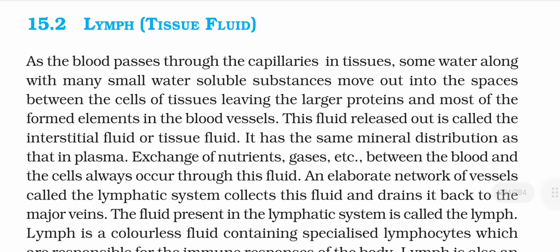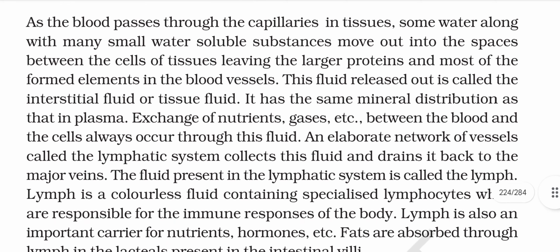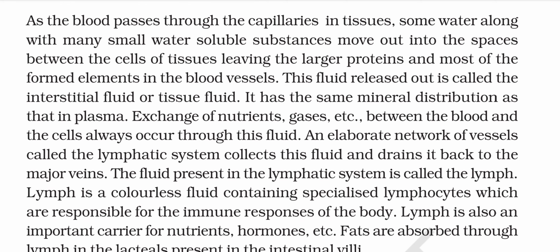Lymph, tissue fluid. As the blood passes through the capillaries in the tissues, some water along with many small water soluble substances move out into the space between the cells of the tissues, leaving the large proteins and most of the formed elements in the blood vessels.